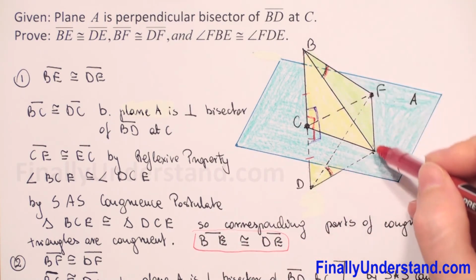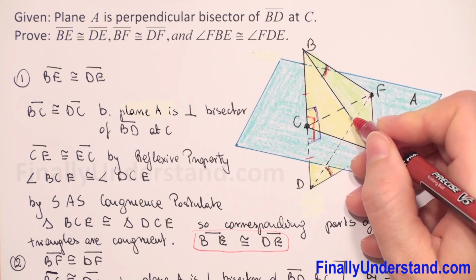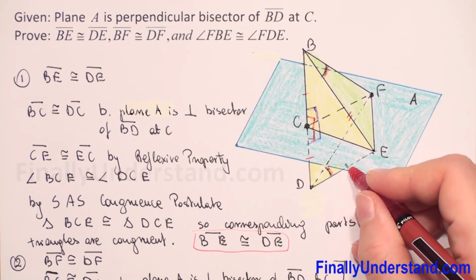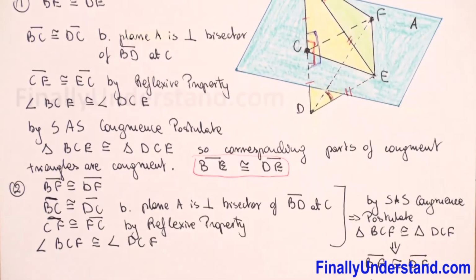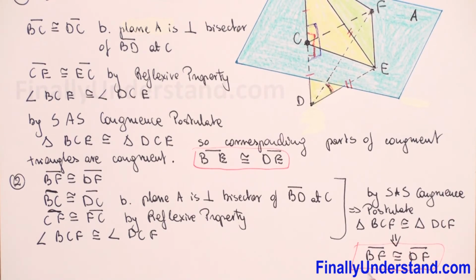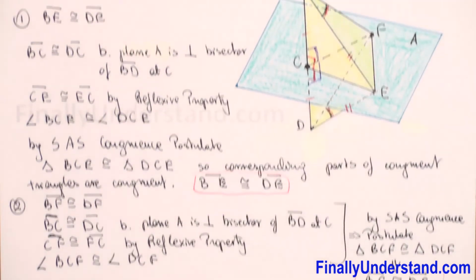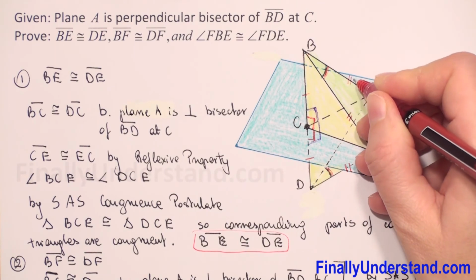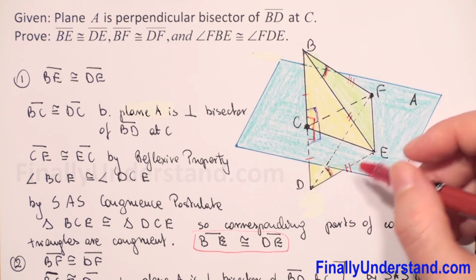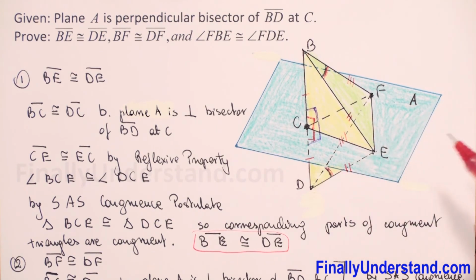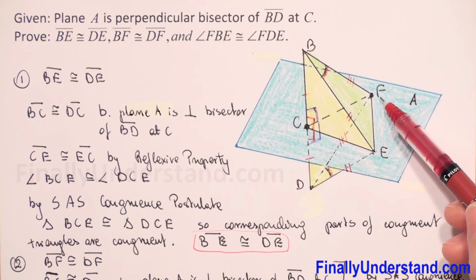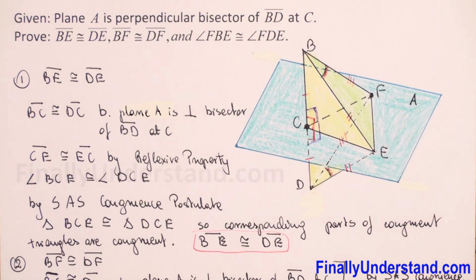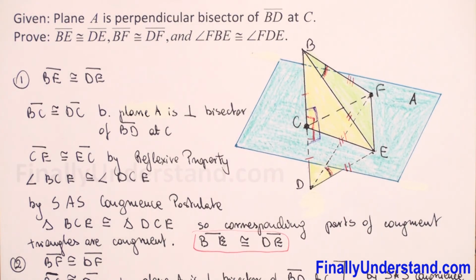BE segment, let's put 2 marks, is congruent to DE. And we showed that BF, let's put now 3 marks, is congruent to DF. And we know that FE is congruent to EF by reflexive property. So let me write what we have.